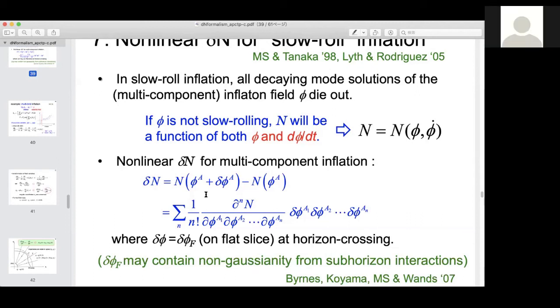As you probably know, there is a so-called stochastic delta N formalism, and I have just started to worry about something.